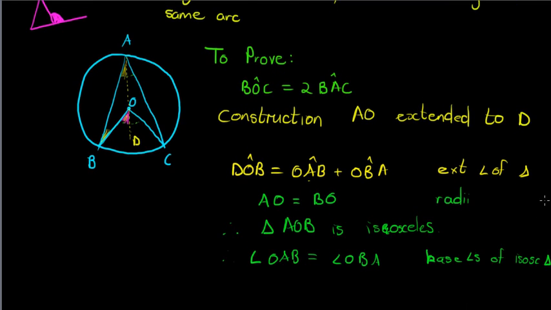So basically what I've said is that this exterior angle is equal to the sum of these two angles, but these two angles are equal. So if I take this plus that, but I'm adding the same thing, I might as well just double that one. Does that make sense? I'm adding them, but A and B are equal.